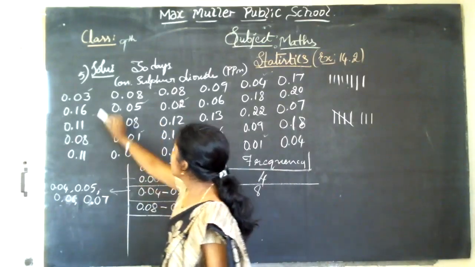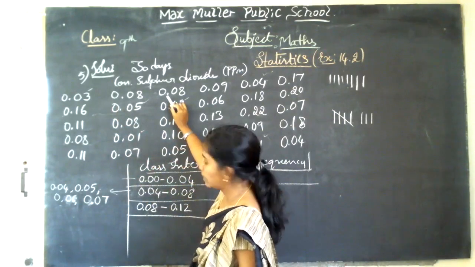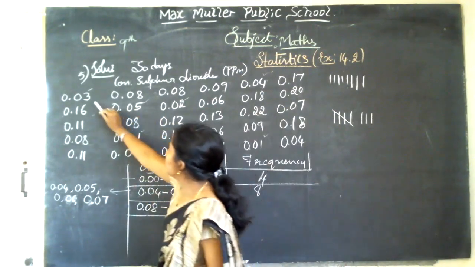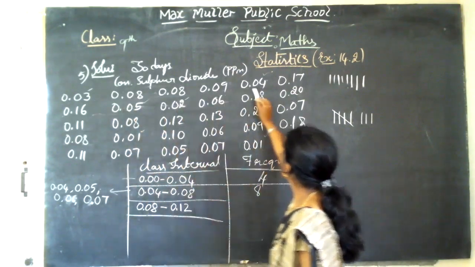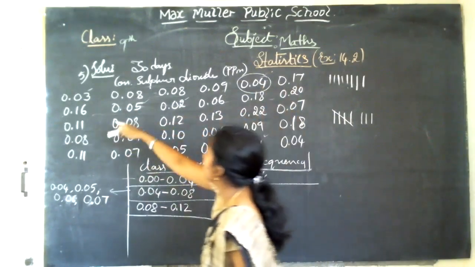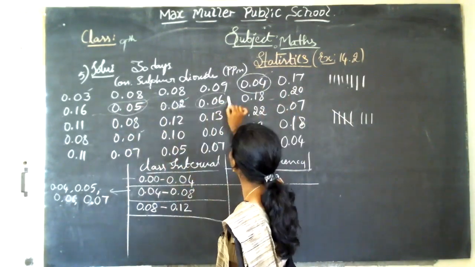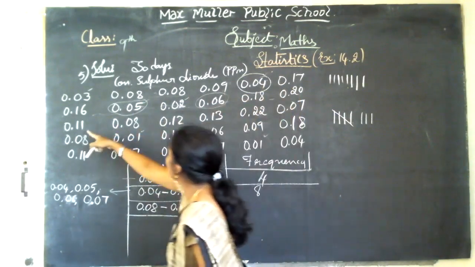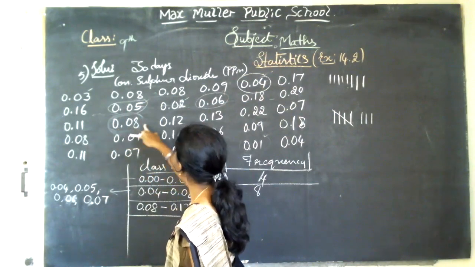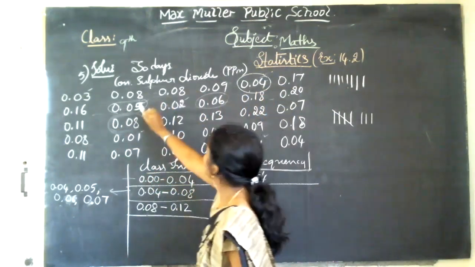Check it once. 0.4 to 0.8, right? 4, 5, 6, 7. Don't take 8. What we have taken in the first row is 1, 2, 3.